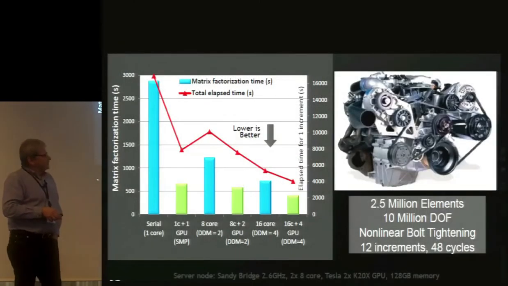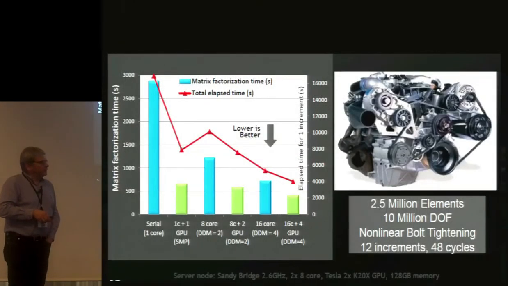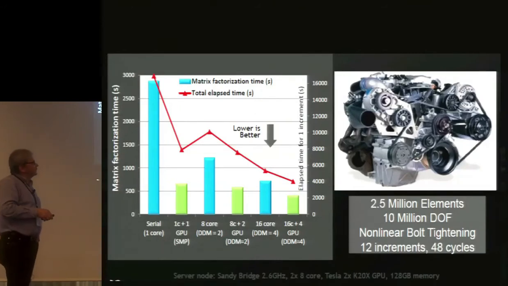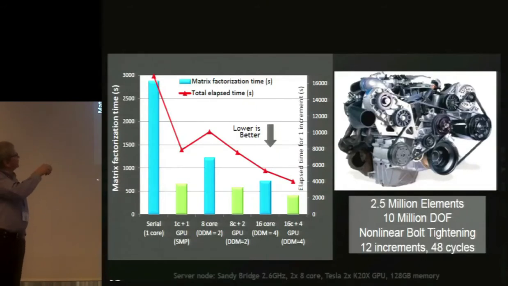Okay, last in the structural mechanics is MSC Marc. 2.5 million elements for this input set and 7 million degrees of freedom. And you also see more or less the same picture. So matrix factorization time on this side.